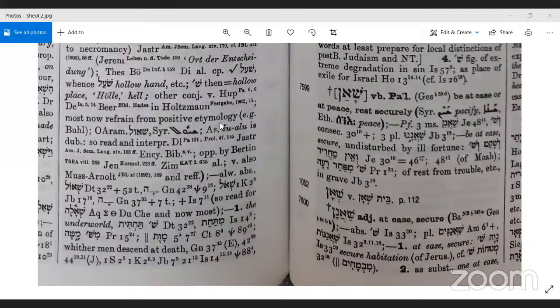It says most now refrain from positive etymology. So I'm thinking what they mean by positive etymology is denotative meanings or just plain etymology. If there's a positive etymology, there's got to be a negative etymology, right?